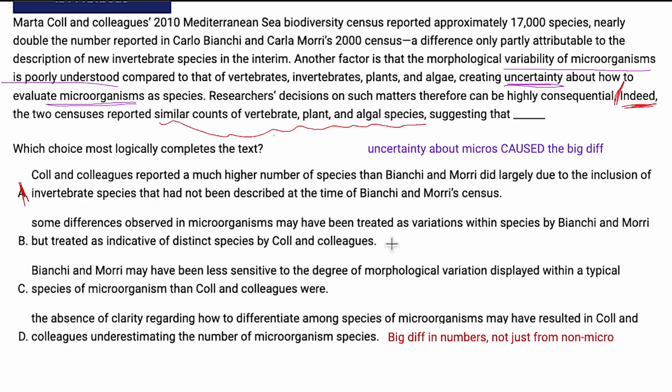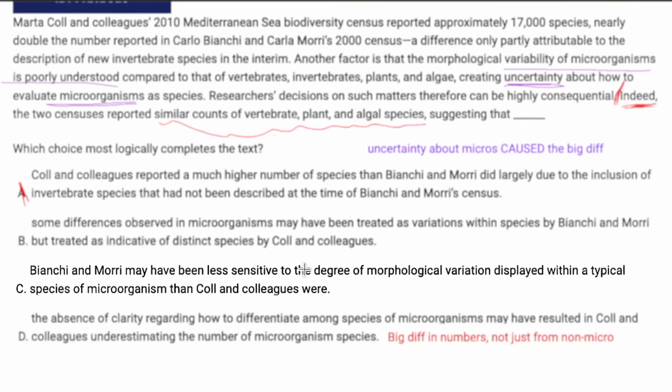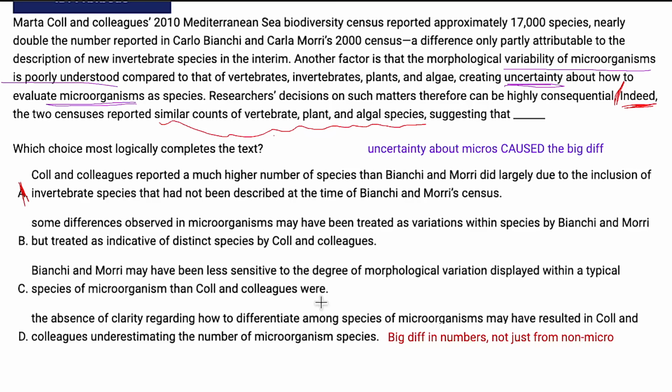Cool, yeah, that seems to point to an uncertainty, so I would keep B. C: these guys may have been less sensitive to the variation displayed within a typical species of micros than these other guys were. That also mentions the micros. I'll keep that for now, and we can investigate the wording if we need to.